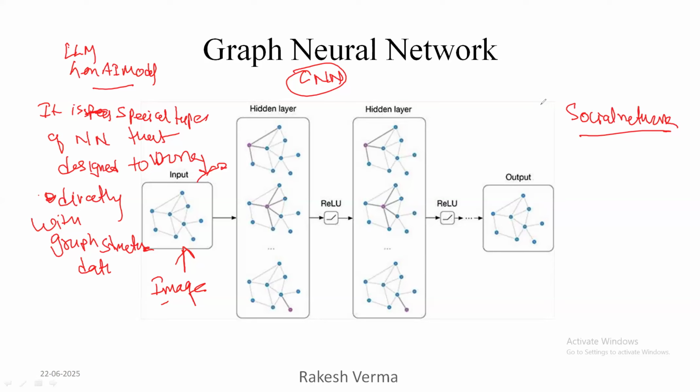Another is molecular or knowledge graphs. The molecular structure is used to understand the molecule, because molecules for a particular medication are defined in a graph structure way. So we can say molecules or knowledge graphs. This is another application.